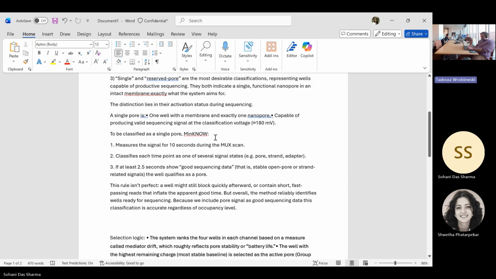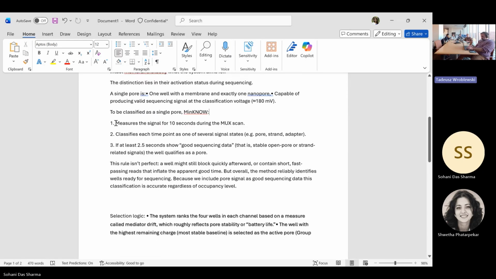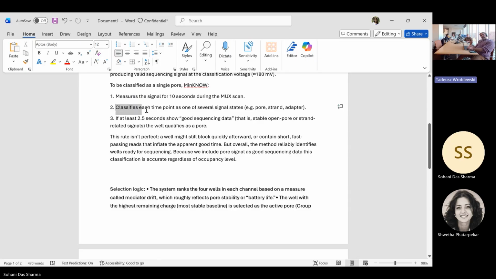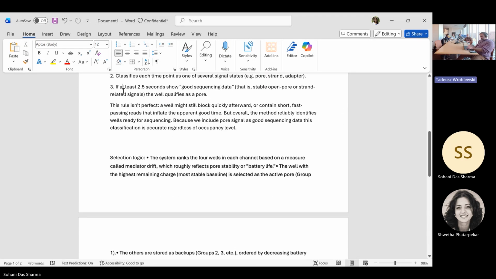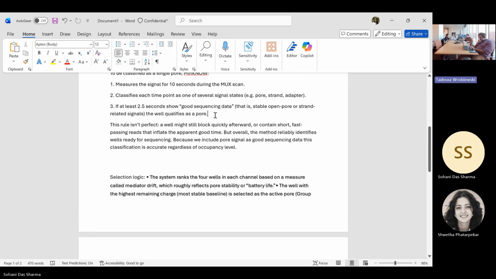So it measures the signal for 10 seconds and then classifies each time point as one of several signal states. If within 2.5 seconds the MinKNOW software can get good sequencing data, it classifies that pore as an open pore.